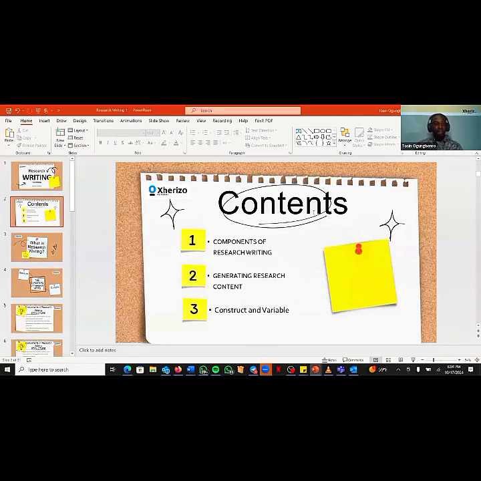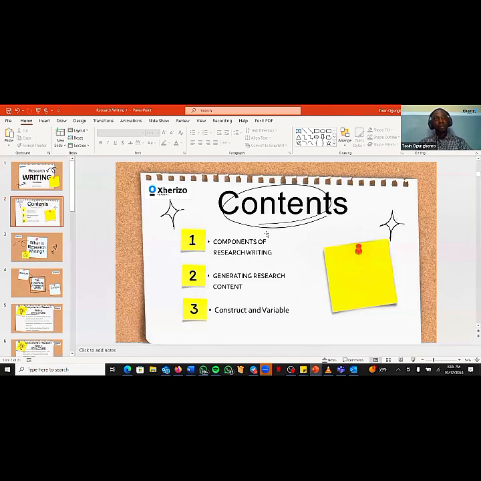Okay, so today, our agenda: I'm going to be walking you through introduction to research, the components of research, generating content for your work, construct and variables. Then we'll continue tomorrow. I don't have introduction of research on my slide, but I'm just going to be telling you.